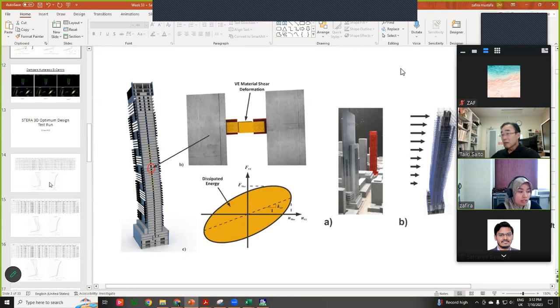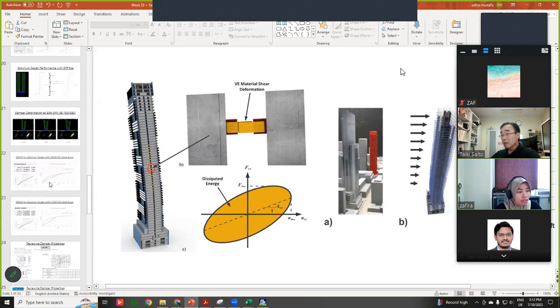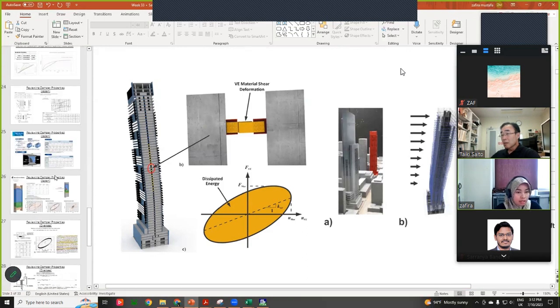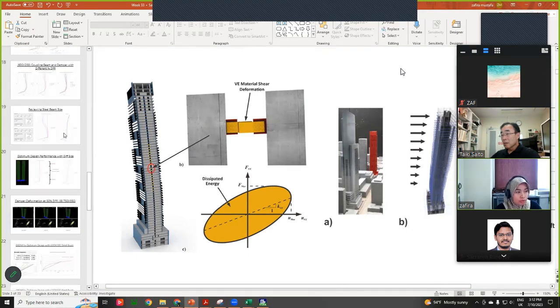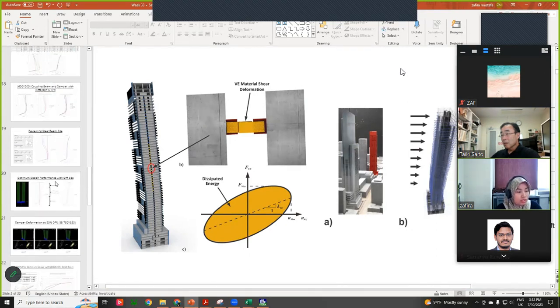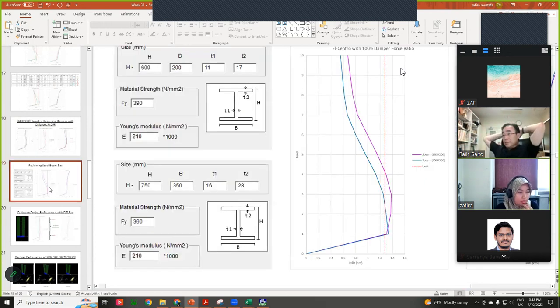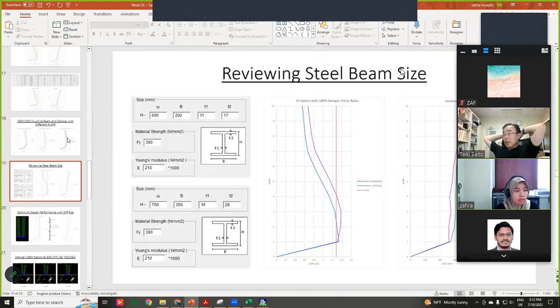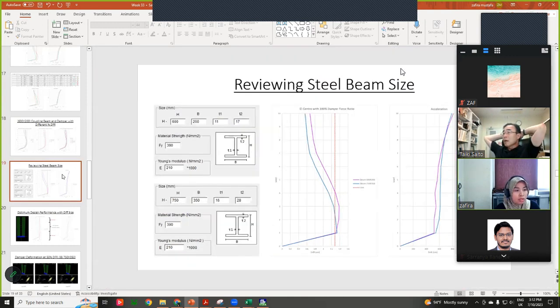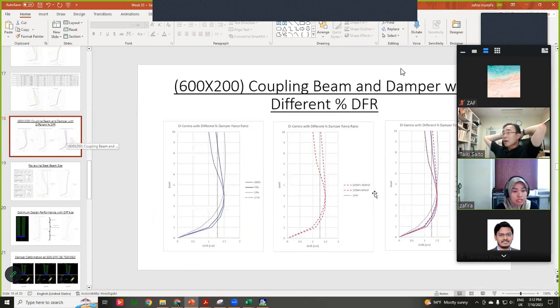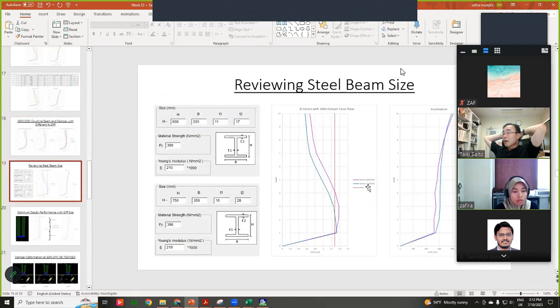And I was thinking if we just apply that, we can also reduce the construction cost. I also reviewed the beam size. We use 600 by 200, and here I increased the steel beam size from 700 to 750 times 50.